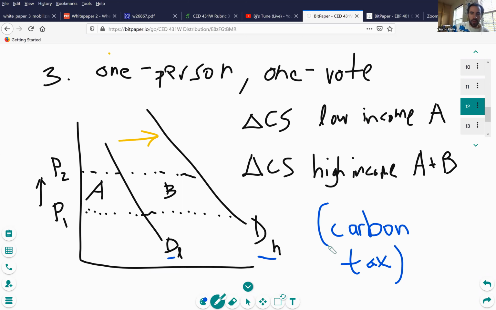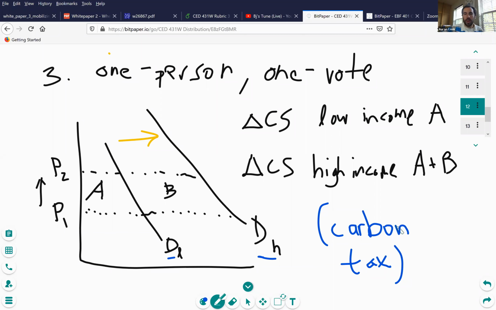And so you might register their loss from a carbon tax, or something that increased the price of energy, as being greater than the loss to low-income individuals. Whereas in reality, it may be the case that it affects low-income individuals more in terms of their own well-being, because their energy prices are going up, and that's causing them to have to substitute away from certain other kinds of goods which have a high value to them.